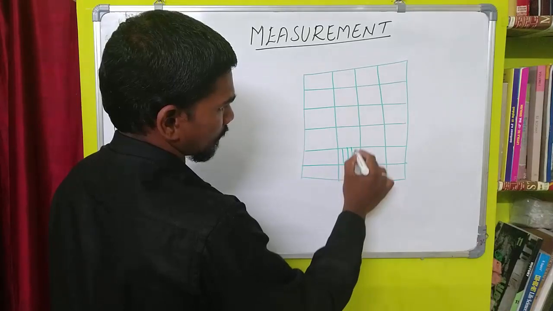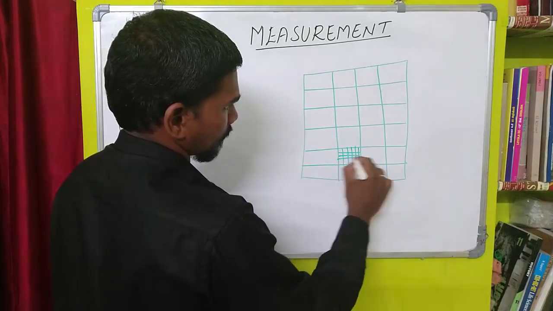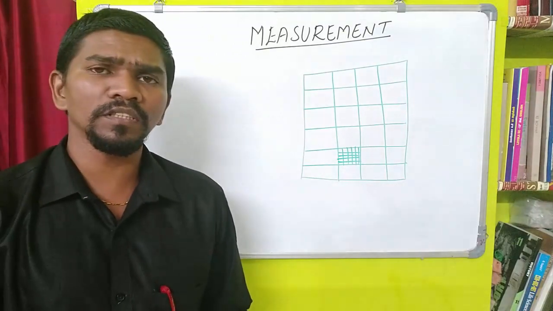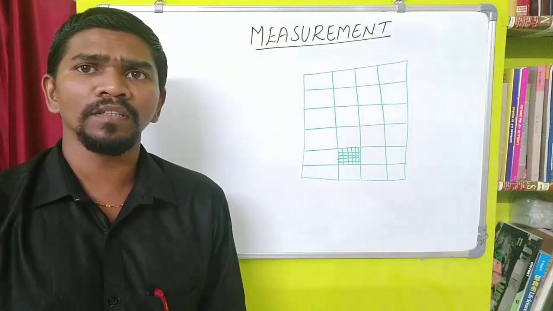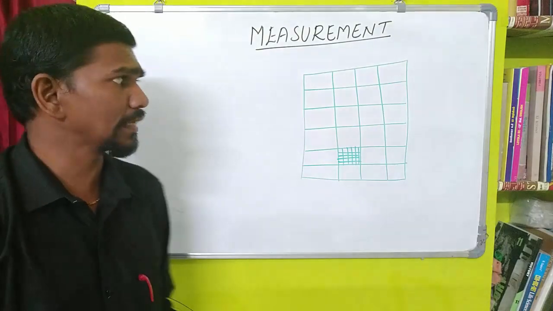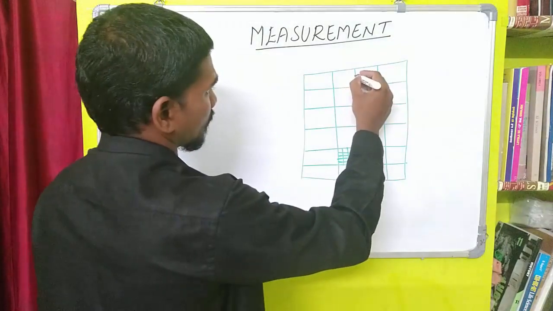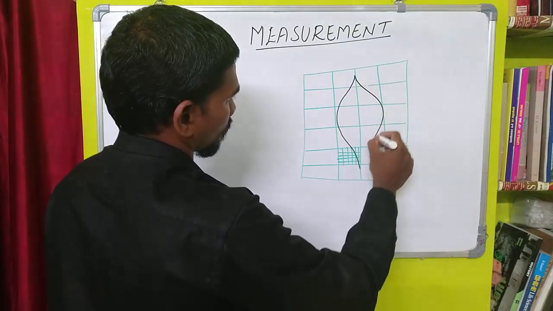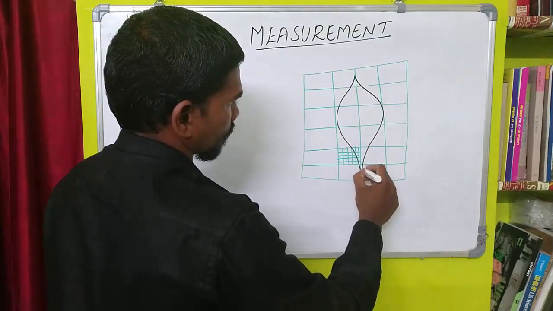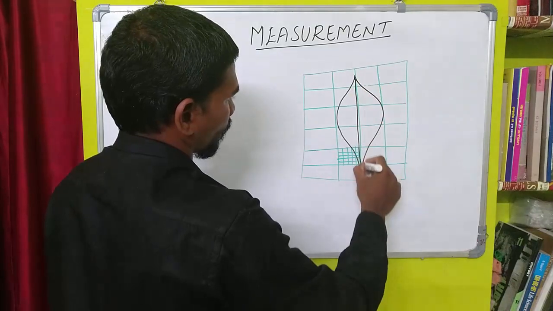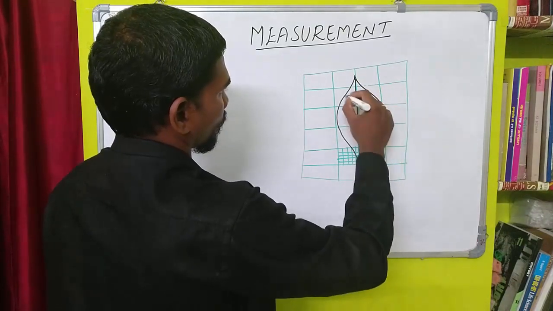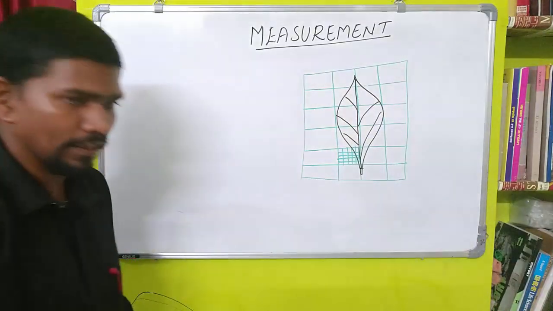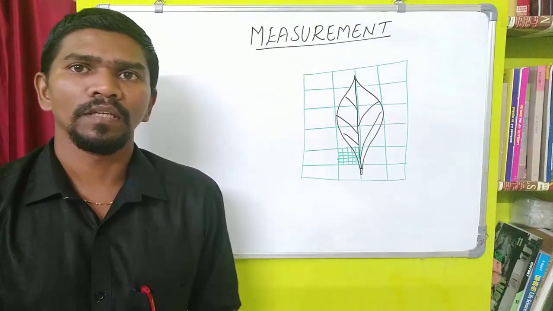Inside we have 10 lines, and again we have 10 lines. So like that we have a graph sheet. Using this graph sheet you can find the area of irregular shapes, just like a leaf. When you keep a leaf here, how much area is covered by the leaf is actually the area of the leaf.